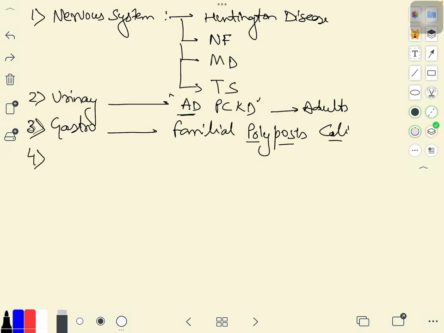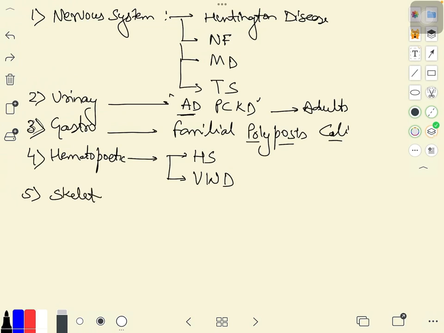Then we have the fourth system, which primarily affects hematopoiesis. There are again two major diseases which I will talk about: HS, which is hereditary spherocytosis, and von Willebrand disease. Fifth is the skeletal system: Marfan syndrome, Ehlers-Danlos syndrome, osteogenesis imperfecta, and achondroplasia.